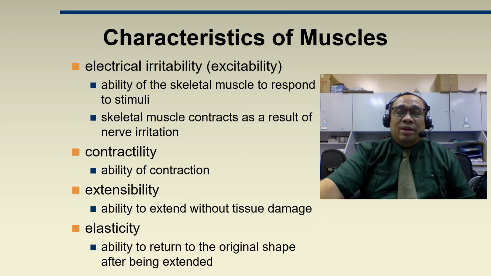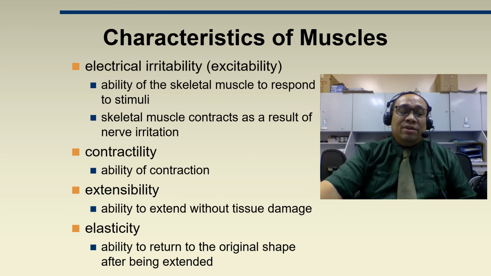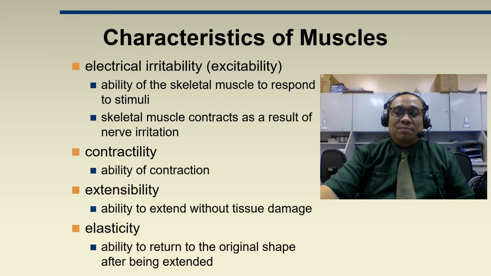So therefore, they also exhibit contractility, which is the ability to shorten. They also exhibit extensibility, wherein they can be stretched without incurring tissue damage, and elasticity, their ability to return to the original shape after being extended.